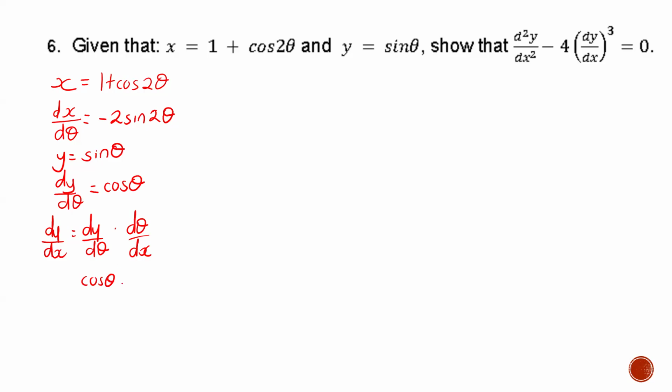And then d theta/dx, we're going to reverse this one. We get times 1 out of negative 2 sine 2 theta. Then cos theta out of, we'll put the negative here.